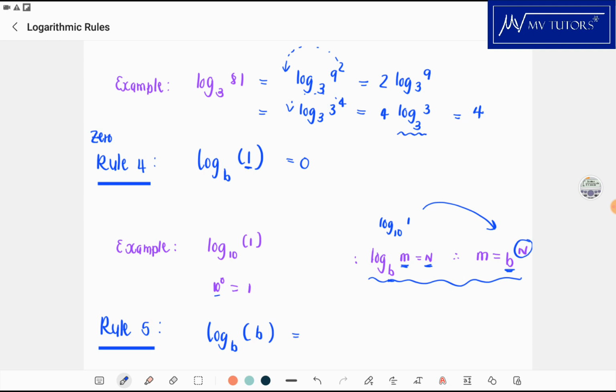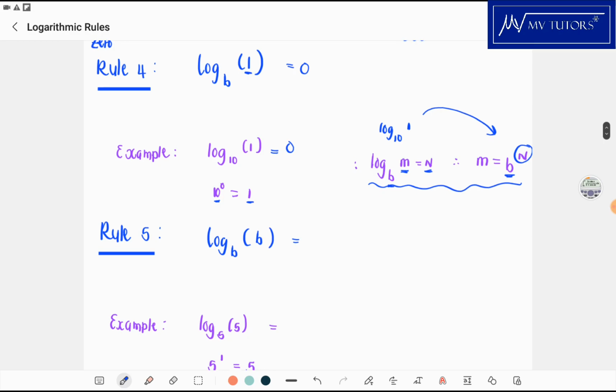So that's 10, okay, and then the 1 there, which is my m, that's the 1 there as well. So what then, if x was my unknown, what would 10 to the power of what? So 10 to the power of what will make it equal to 1, and that's 10 to the power 0. Okay, so basically with the zero rule, this is how we rewrite it: 10 to the power 0 is basically equal to 1.